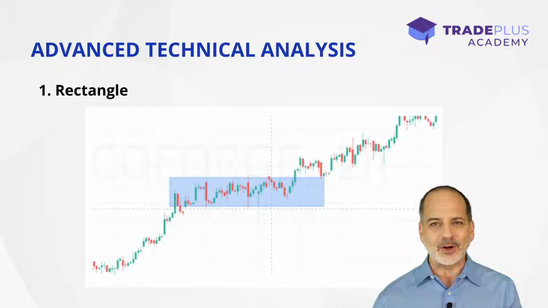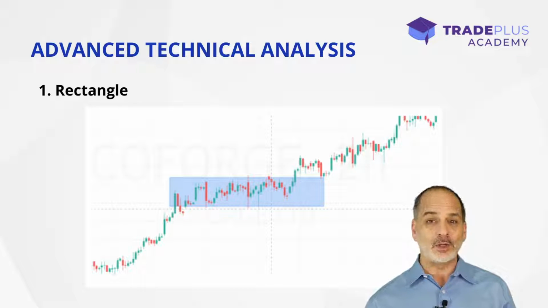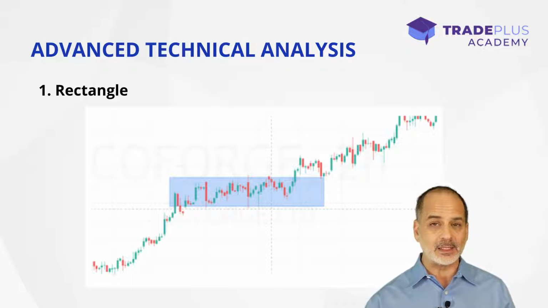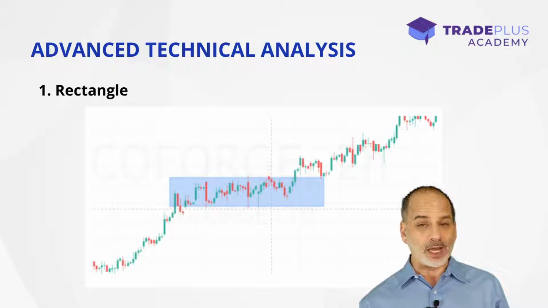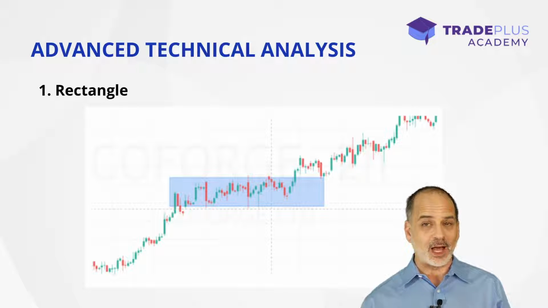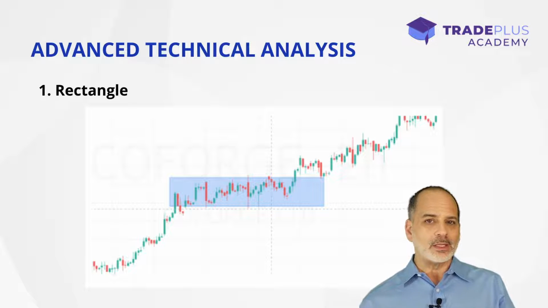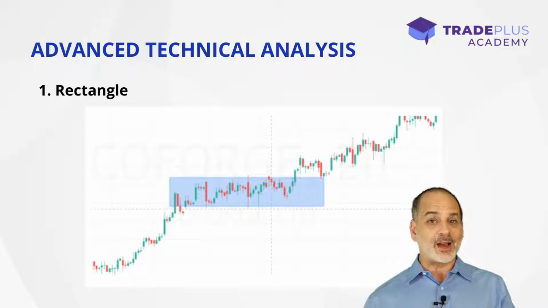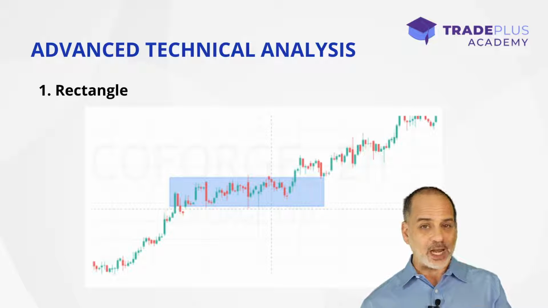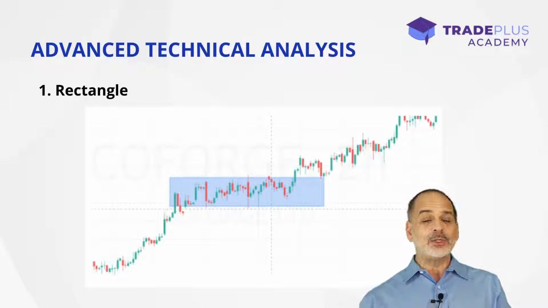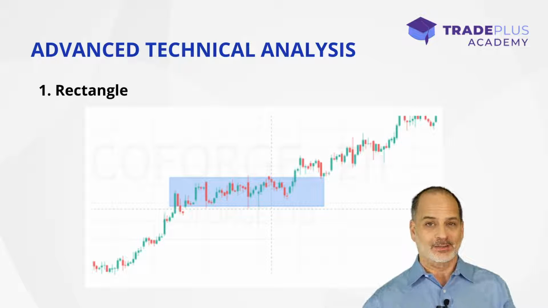In the bullish pattern, a stock price will rise to a certain level and then consolidate for a period of time between two horizontal parallel lines before finally breaking out above the resistance line or the upper horizontal line. What you'll notice is that the security breaks out in the direction of the previous trend and then continues in the same direction.